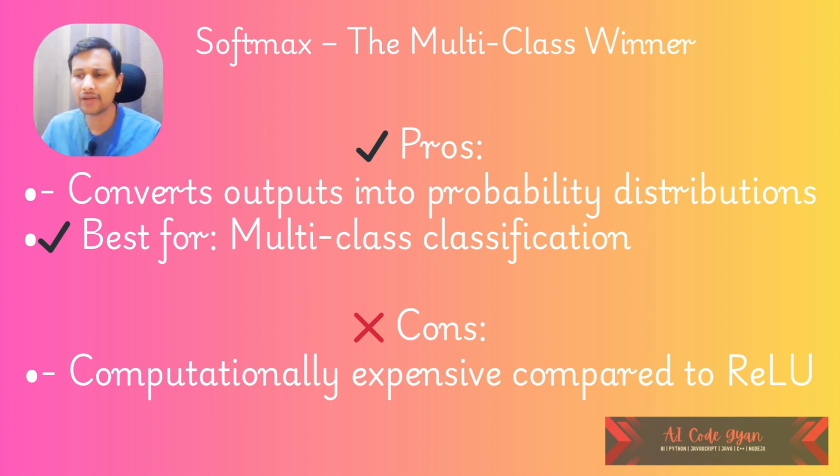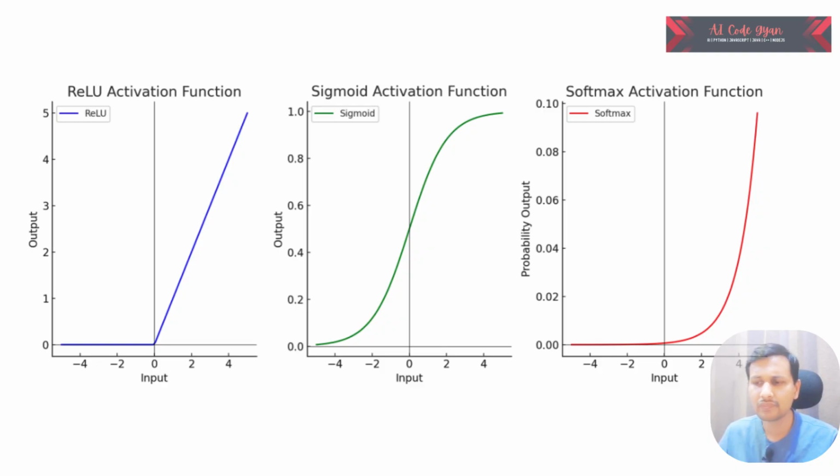Now let us compare the three. We have the rectified linear unit, or ReLU, which is a linear curve for positive values, and it is 0 for negative values. When we talk about the sigmoid activation function, it goes from 0 to 1.